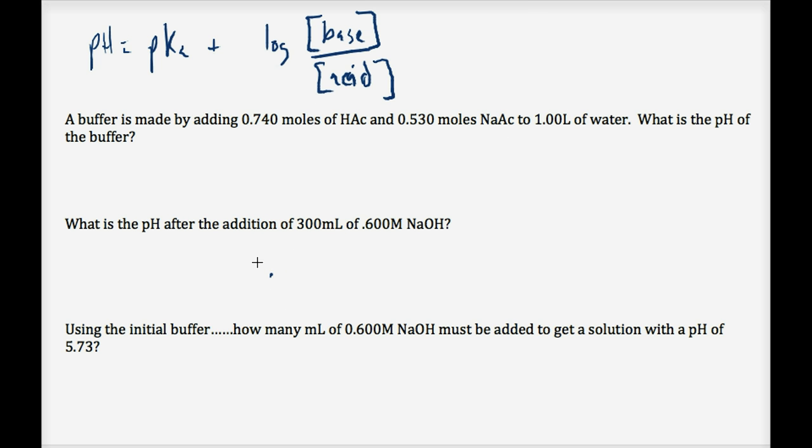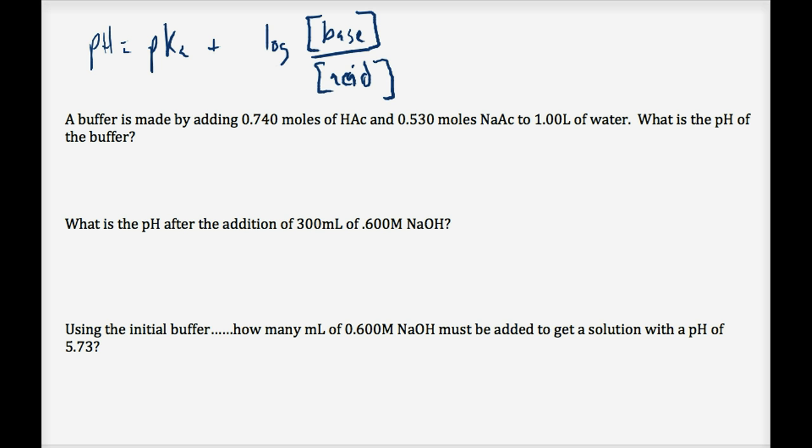And the buffer is to resist a change in pH. It resists a change in pH, and if you add an acid or a base to a buffer, and as long as that acid or base is stronger than the acid or base inside the buffer, then it will totally react, and you'll end up with an adjusted pH, a new pH.